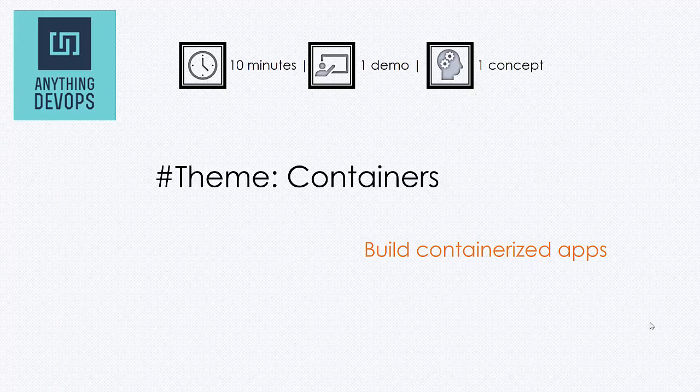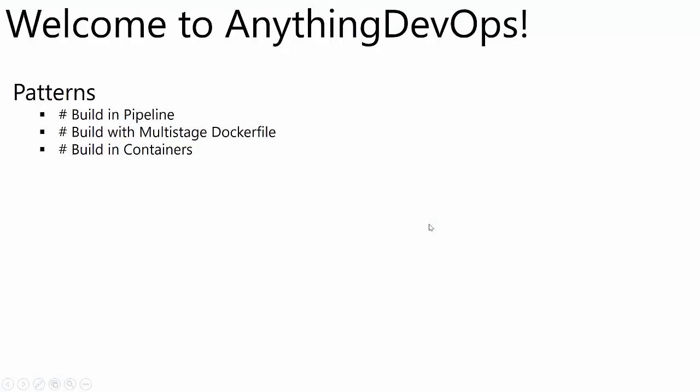Now, today, as I said, what I'm going to show you is the various build patterns that you can follow for a containerized app. Some of them, listed here, that we are also going to look at in a demo, are: the first one, where we build the application in a pipeline before creating images and publishing them to a registry.